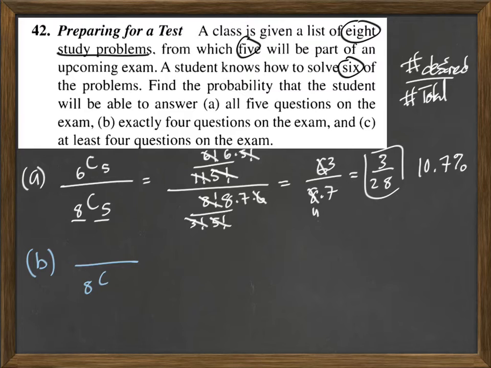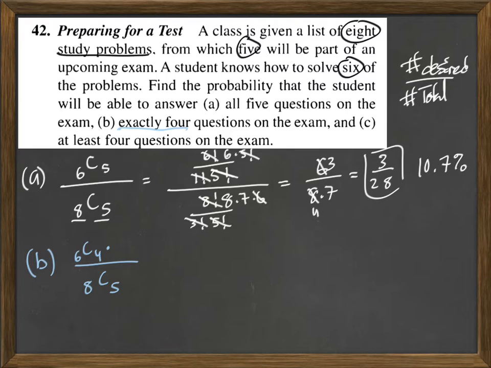So let's say the next one, it says exactly 4. Okay, so we know the total number possible stays the same. So it's still 8 choose 5. And then on the top, we got exactly 4. So think about this. Out of the 6 he knows, 4 he knows. And then how many more can be chosen out of that? Let's see.